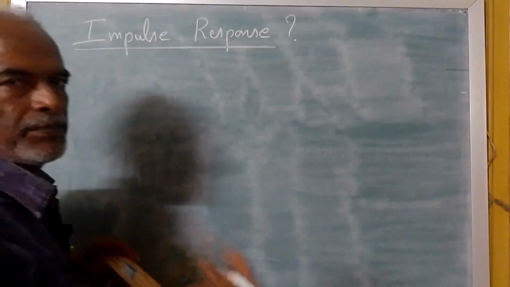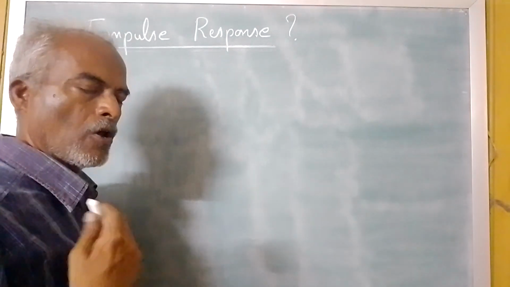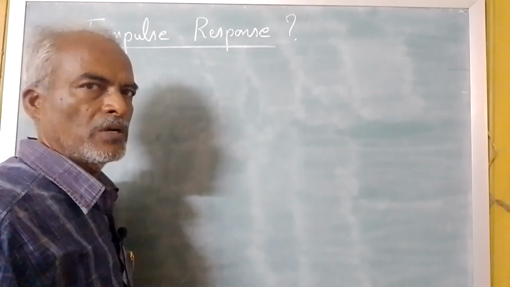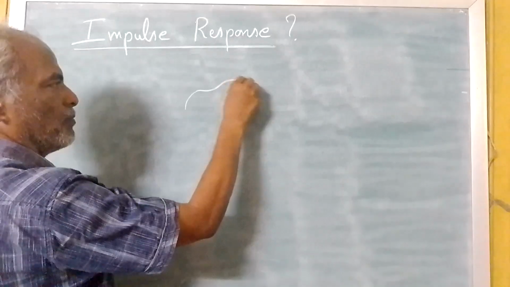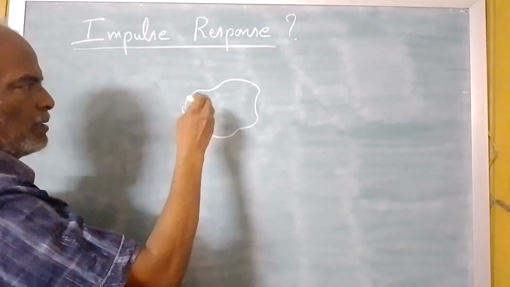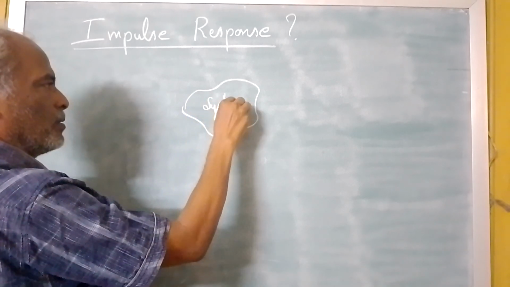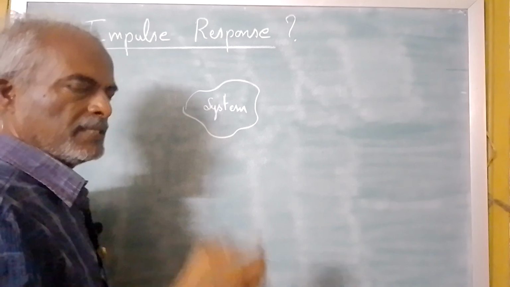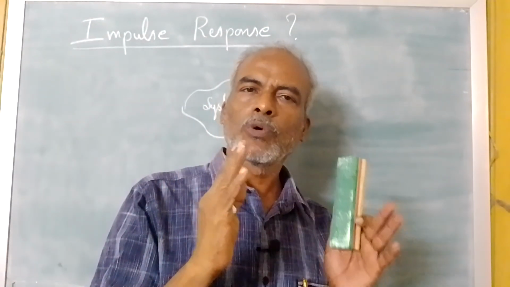Now, what is impulse response? Suppose I design an amplifier, a video system, an audio system, or an optical system which contains electronics. Suppose I have some system, some electronic system, that we do not know. This system will have its own bandwidth.